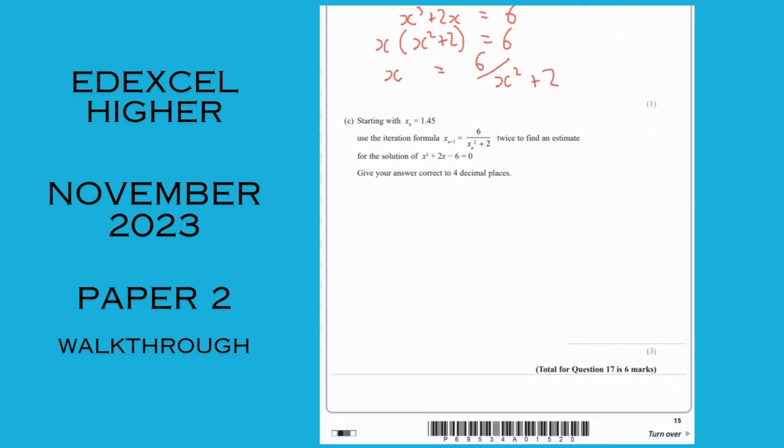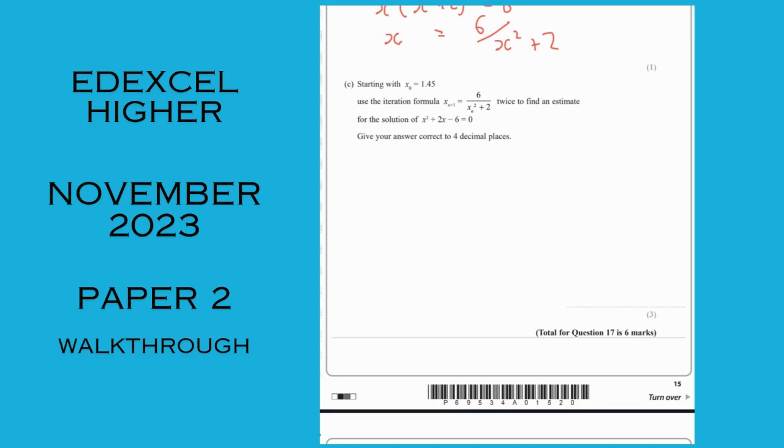On we go, iteration. So don't worry about the terminology. You're told the first number is 1.45. So all you do to get the second number is do 6 divided by 1.45 squared plus 2.